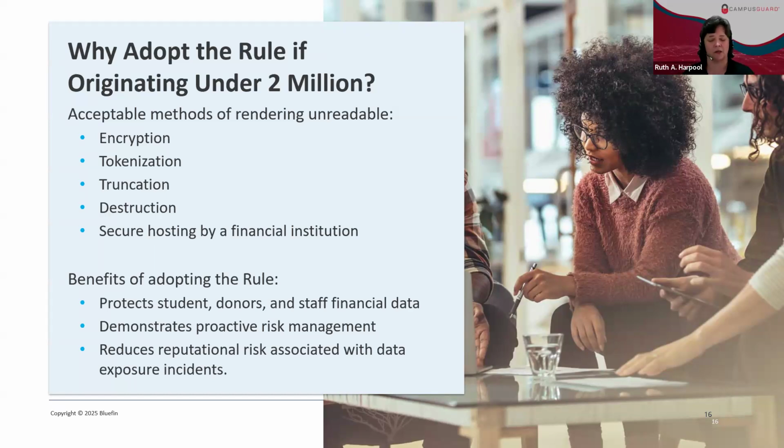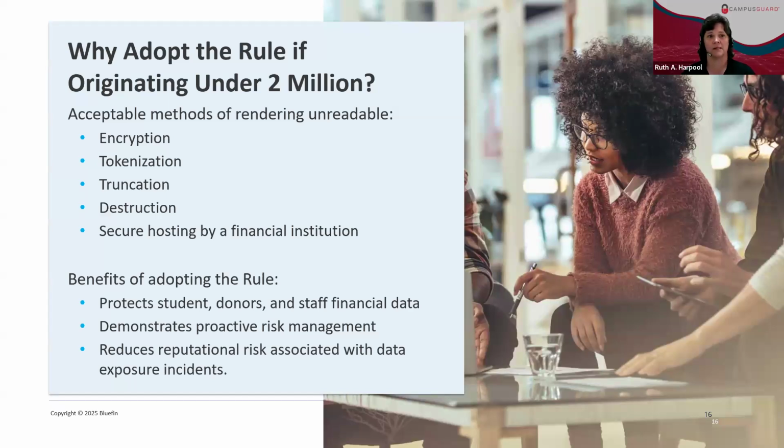And I'm not suggesting you focus on penalties, because they could be anything from reputational damage to students not going to school there anymore, to donors not donating because they don't have confidence in your ability to protect their financial data and personal information. That really gets into the reputational risks as well.